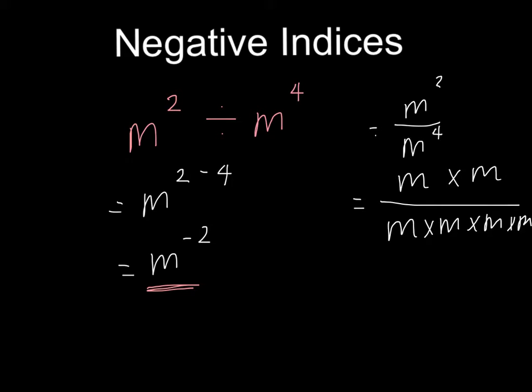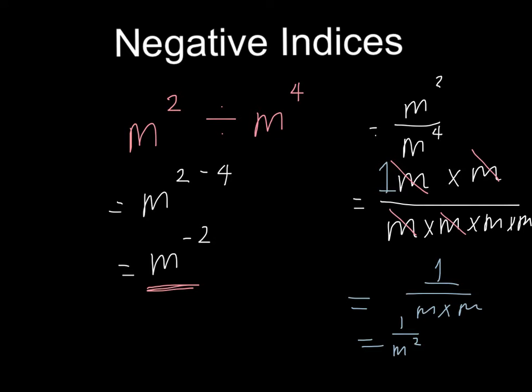If we cancel out top and bottom, we are left with nothing on the top, or essentially we're left with the coefficient in front of these that is hiding out. So we're left with 1 on the top of the equation over m times m, which is equal to 1 over m squared.